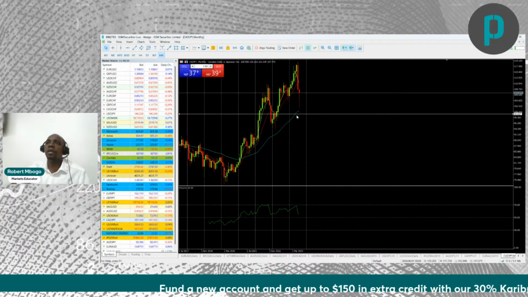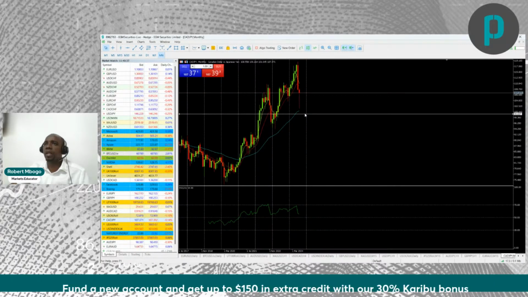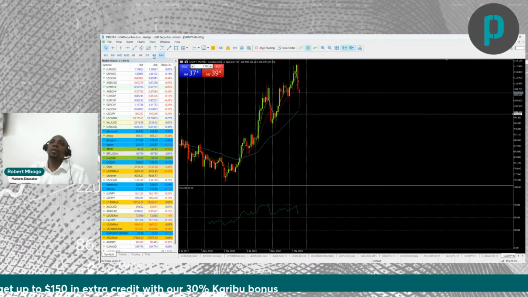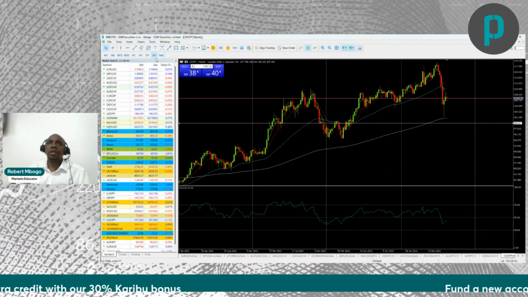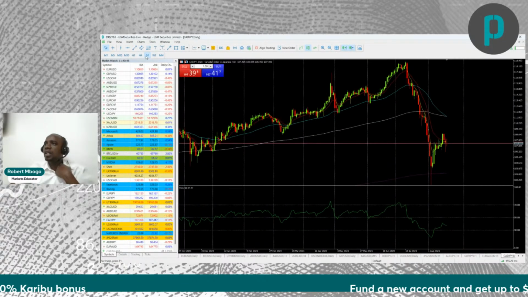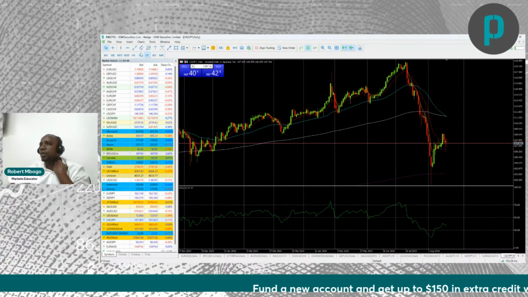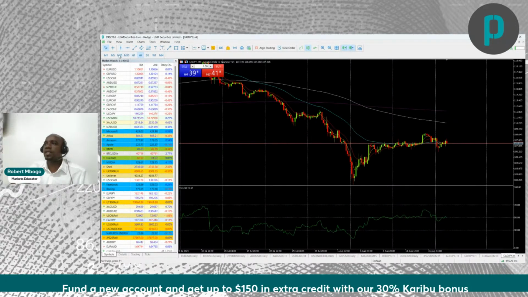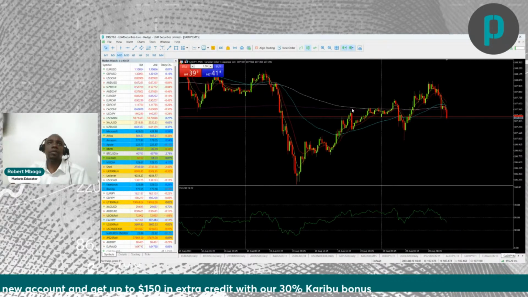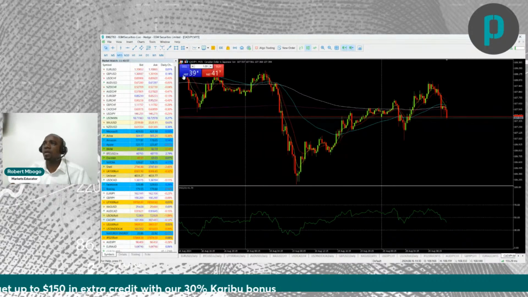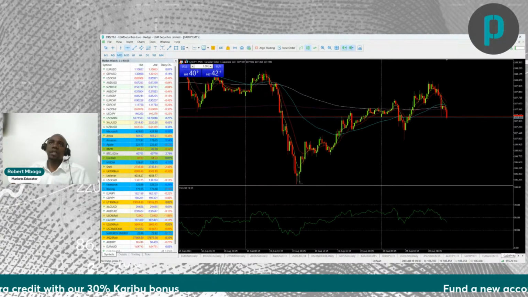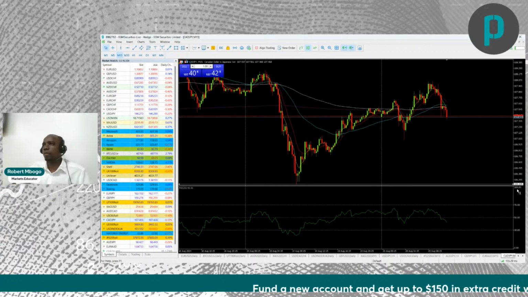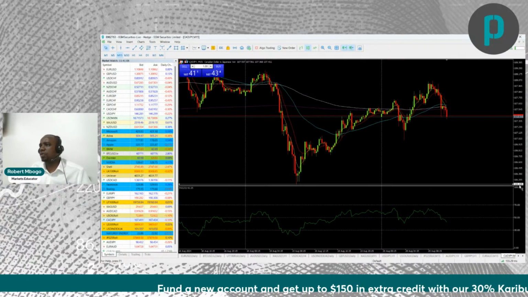So that's an area we would anticipate as an area of support. However, if we go to a lower time frame so that we can at least look for entries on CADJPY, I would want to see a test. So let's look at these. Maybe a test of yesterday's low will be something of interest.